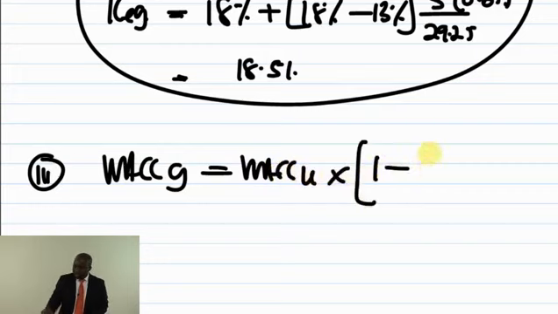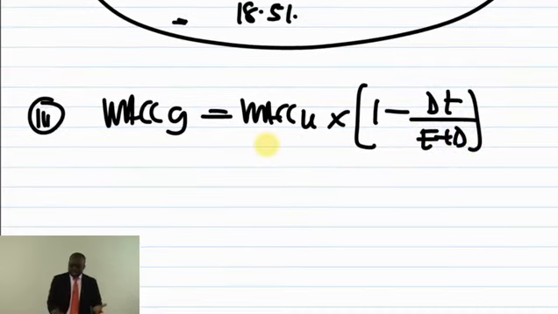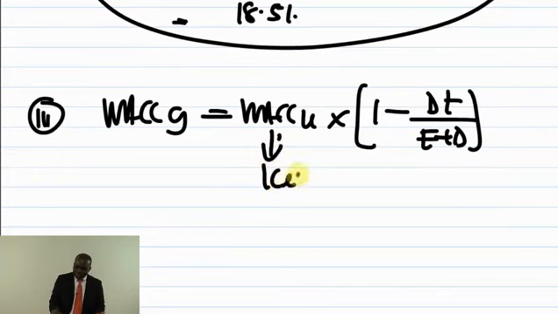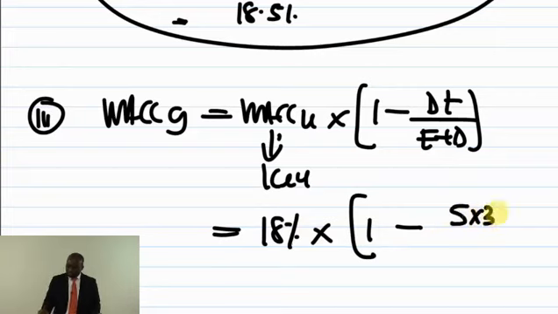multiplied by 1 minus DT divided by E plus D. Okay, I have all the figures. This is the same as the cost of equity ungeared. And currently, our WACC or cost of equity ungeared was given to us as 18%, multiplied by 1 minus DT. D is 5, T is 35%, divided by equity 29.25 plus the debt of 5 million.